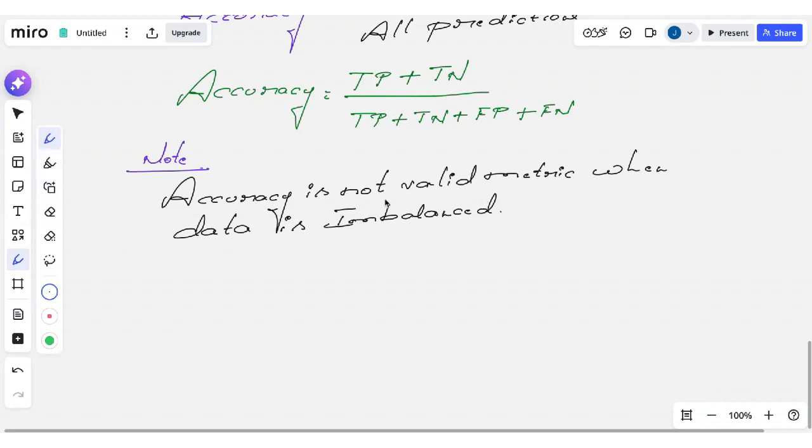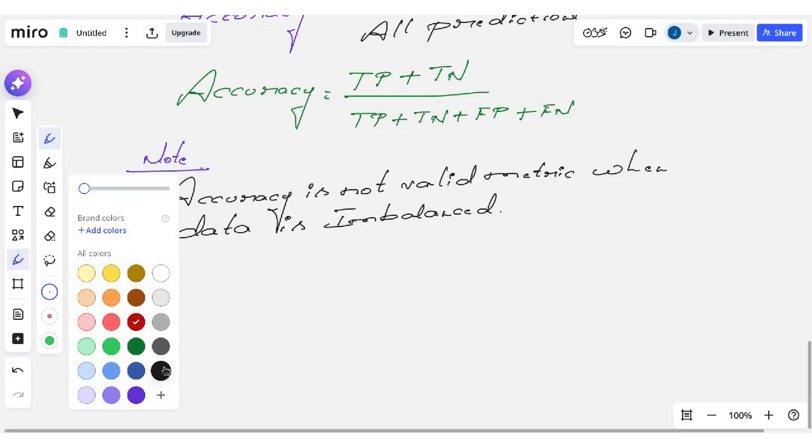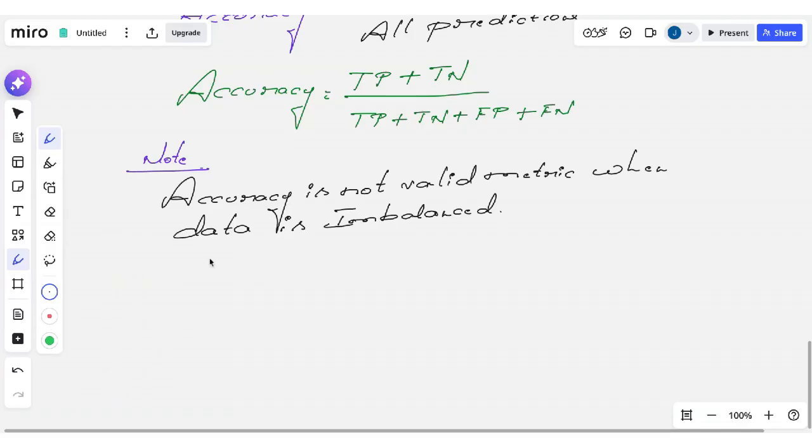Well, this is all related to accuracy. So it's not a valid metric when data is imbalanced. When the number of observations or samples in classes is not the same, accuracy is not a valid metric. Clear guys? Understood? Let's say if accuracy is 0.8, we could say that it's an 80% better model.